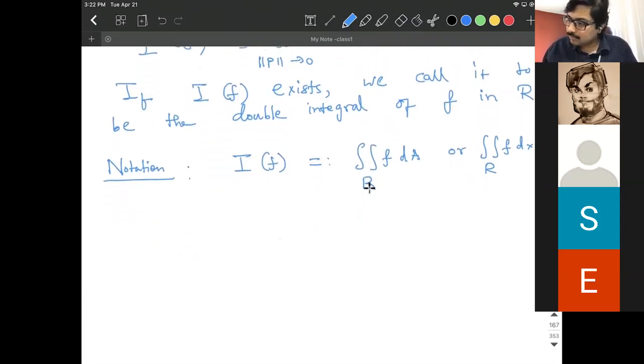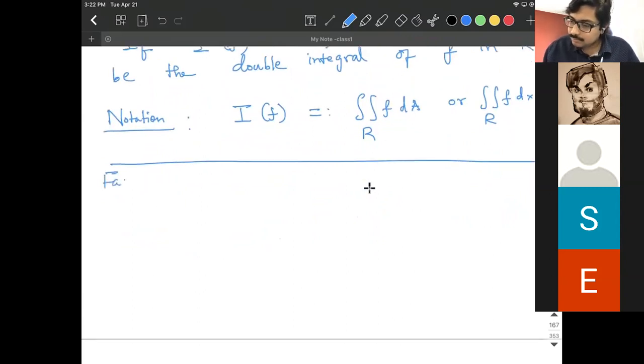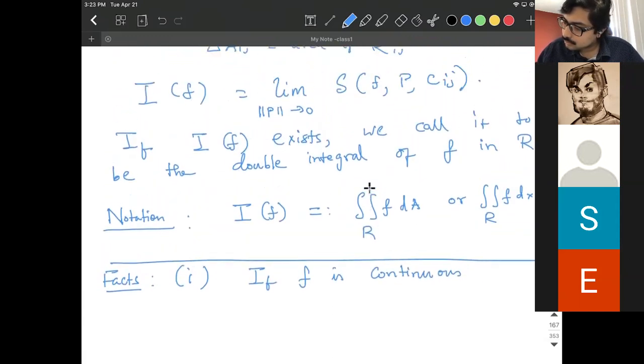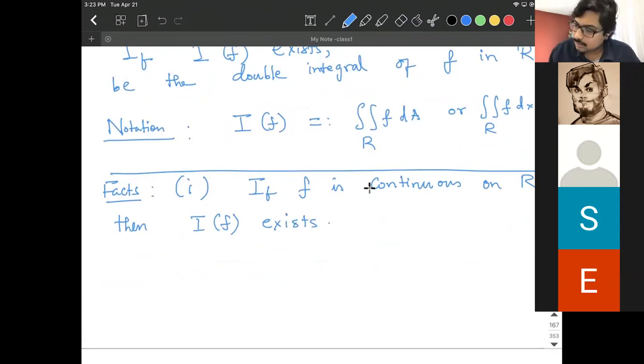Now, once again, we have a few facts to make our life easier. So the first fact is that if f is continuous on the rectangle, then If exists. So f is double integrable in that case.